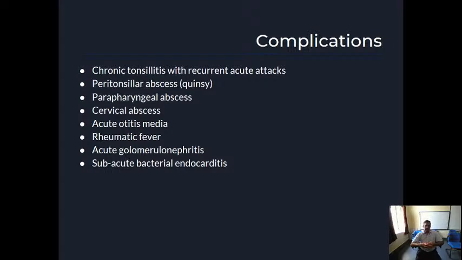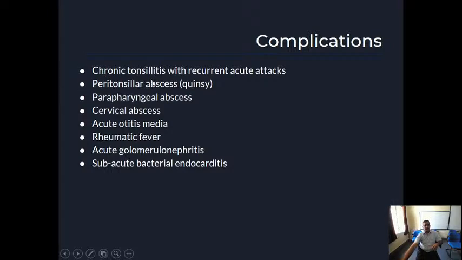The acute infections are usually amenable to anti-inflammatory analgesics, antibiotics, and the local treatment, the gargles. Whereas the chronic tonsils don't respond to medical treatment. They almost always require a surgical procedure. So the commonest complication is chronic tonsillitis.